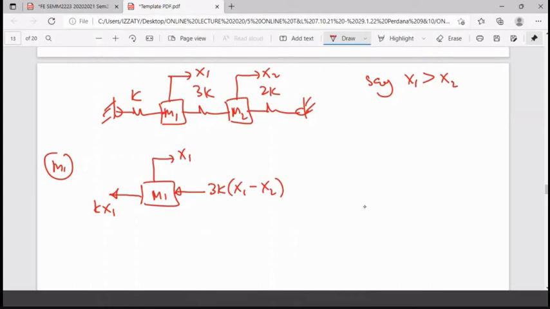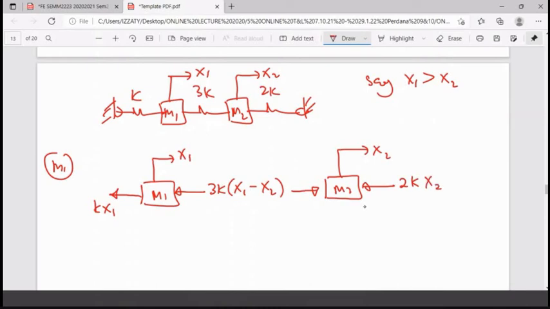Okay, if you have practiced many times, you can also construct another free body diagram for M2. This one is X2, isn't it? Same thing, correct? So what do you have? This one will be your 2K X2, and 3K X1 minus X2.